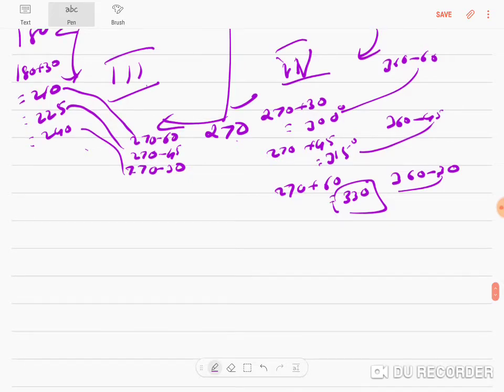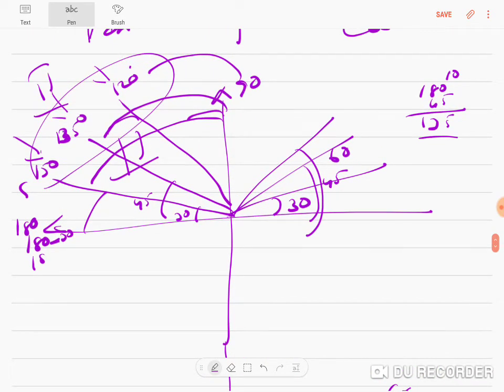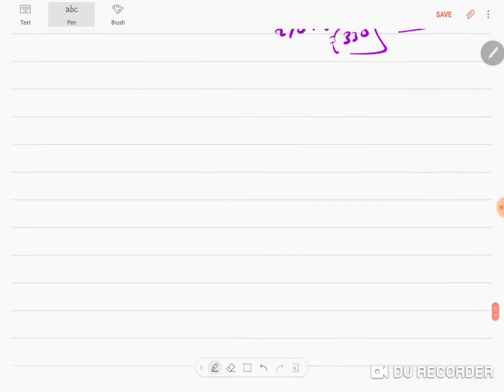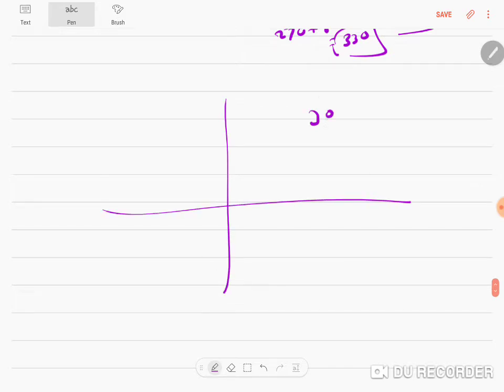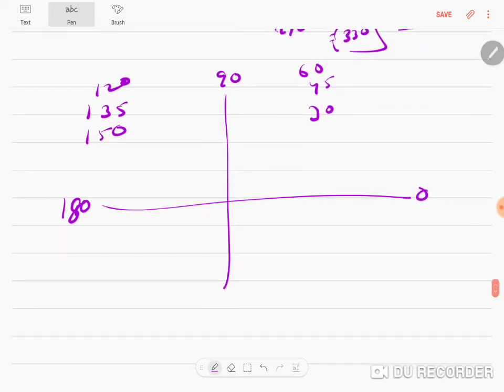and say, such as, the first quadrant angles are 30, 45, 60, between 0 and 90°. Between 90 and 180, what are the angles you know? 120, 135, then 150. These are all examples of second quadrant angles.